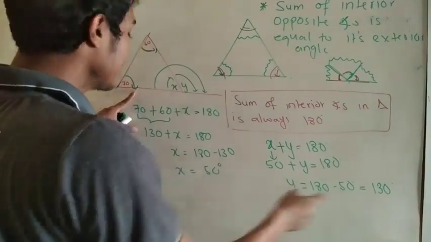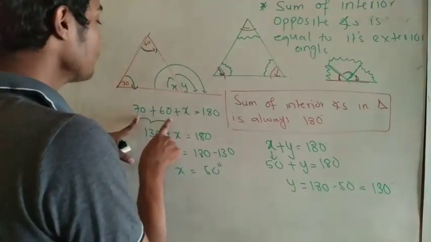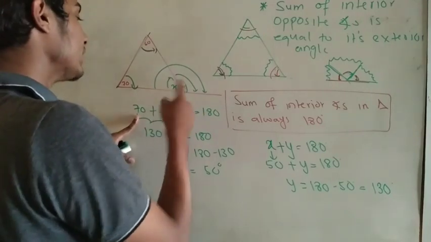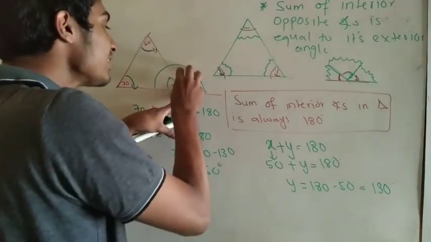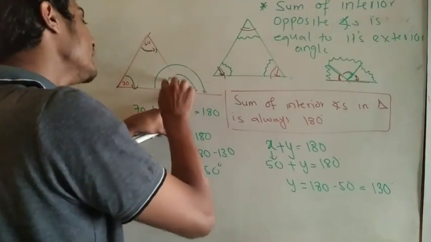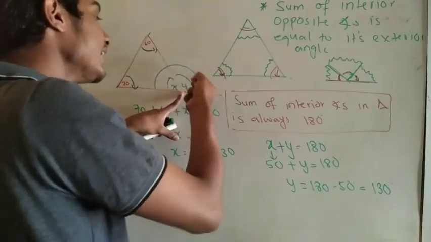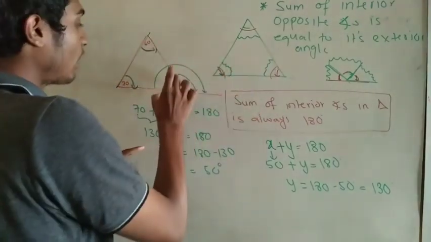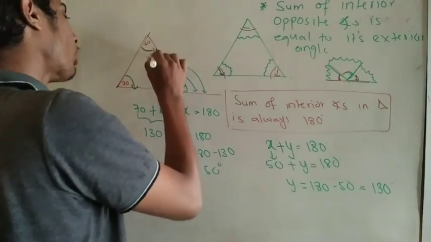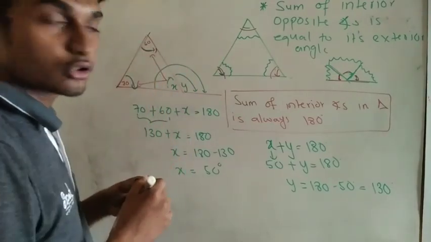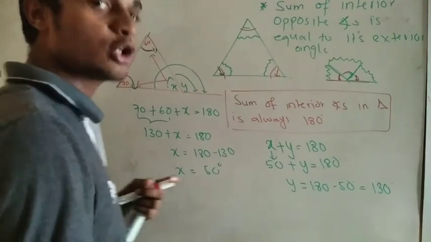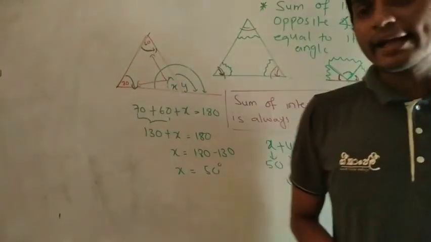This y is again equal to 70 plus 60, which are the interior opposite angles. So the exterior angle is equal to the sum of the interior opposite angles.